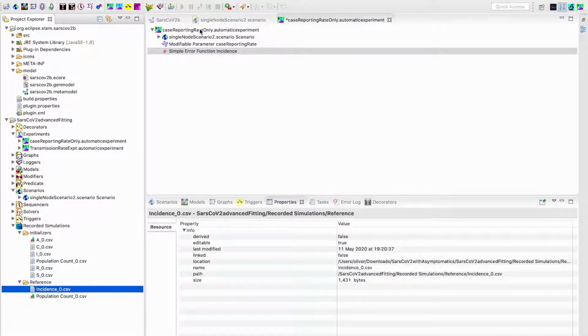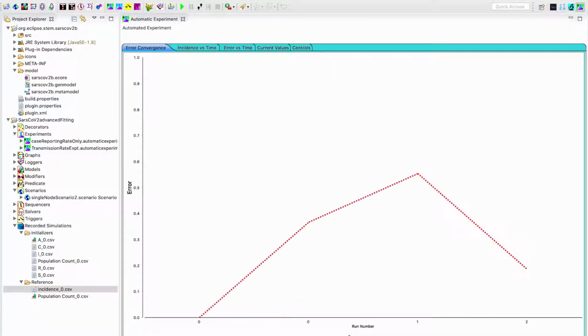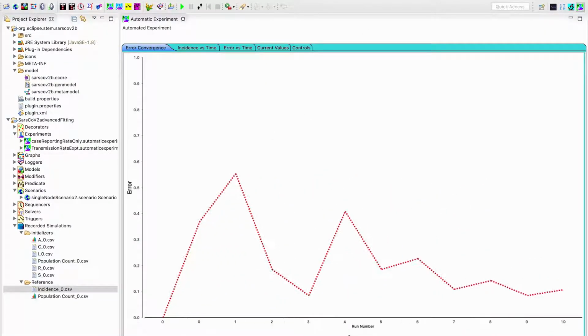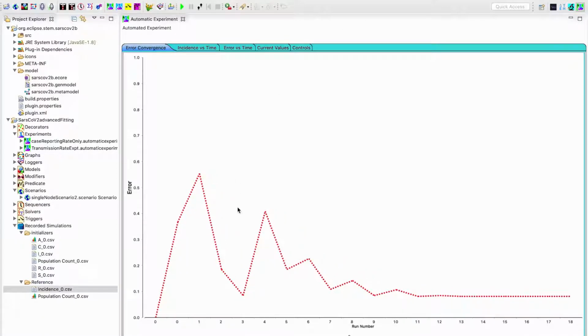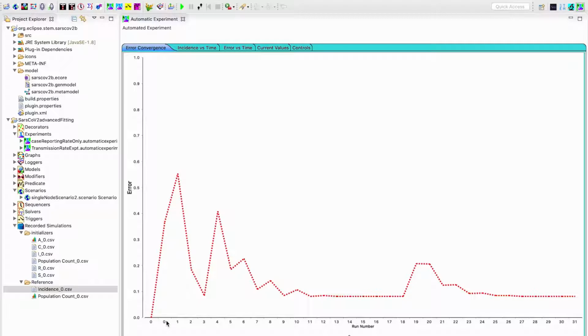So again, we can run this automated experiment, which will load an automatic experiment view, and each of these runs defines an entire scenario run that we went through previously, and the associated normalized mean squared error from that run on the instance reference data.